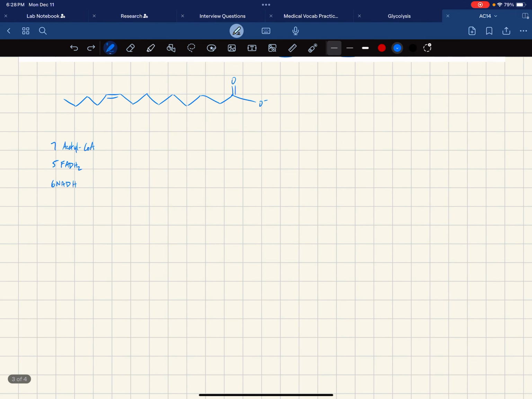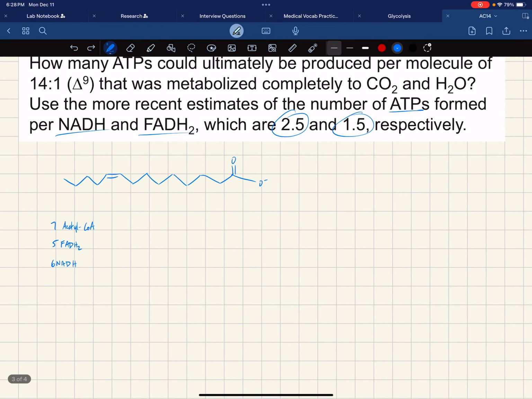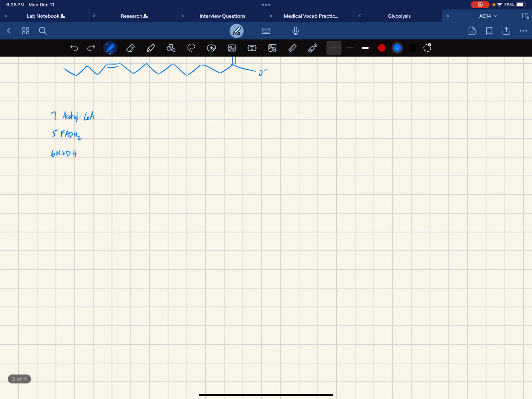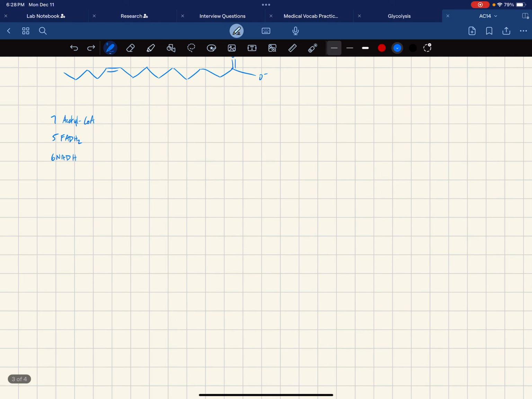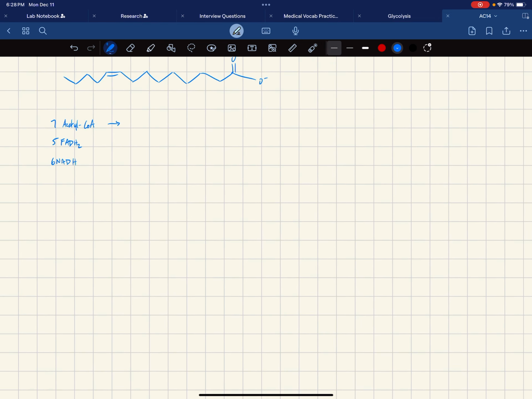And so now we can just plug these in and find how many ATPs we can make. You should know from your knowledge of the Krebs cycle and general metabolism that for every acetyl-CoA you can make 10 ATP. So these 7 acetyl-CoAs are going to go to 70 ATP.